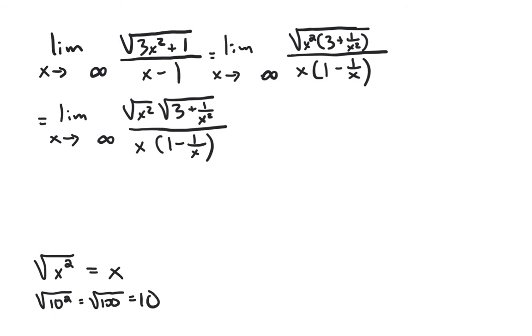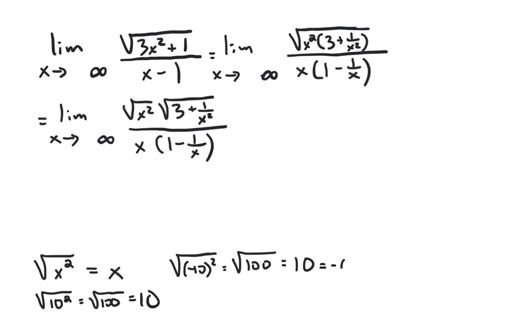So it works for positive values. But for negative values, if I plug in negative 10, well, I get the square root of negative 10 times negative 10 is 100, and the square root of 100 is 10.